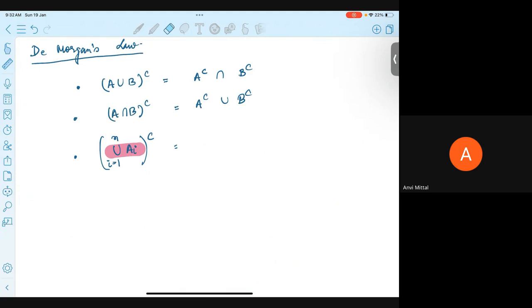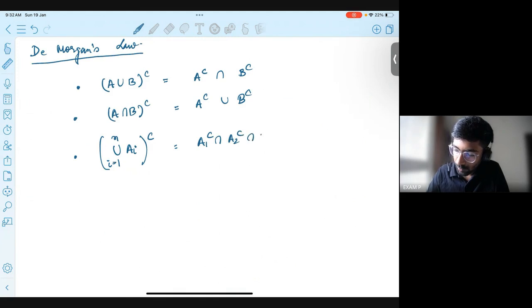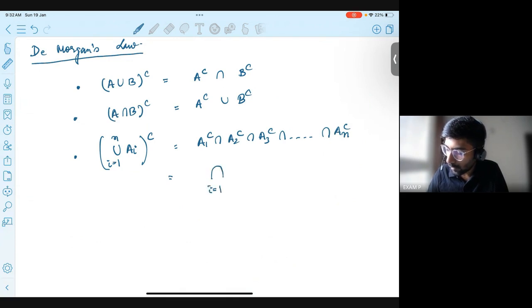It means A1 complement intersection, and like that, for n number of sets. Yes. It's A1 complement and then goes up till An complement. Or in other words, I can write it as an intersection of i going from 1 till n of Ai complements, right?